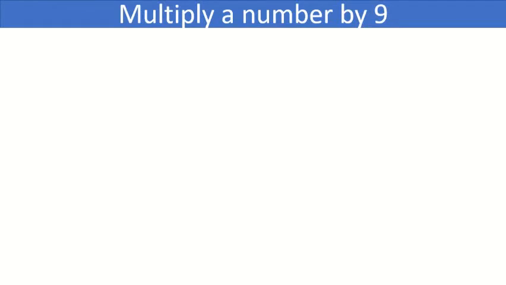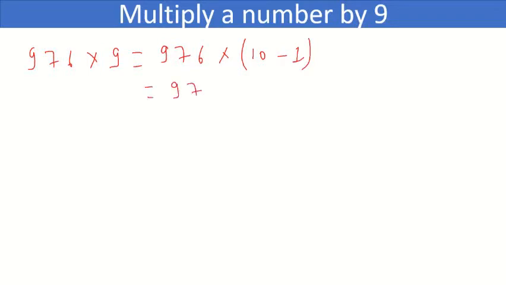Let's try to multiply a number with 9 within seconds. Let's do it for 976 into 9. For multiplying a number with 9, the first step is to convert 9 in the form of 10 minus 1. So it will result in 9760 minus 976.